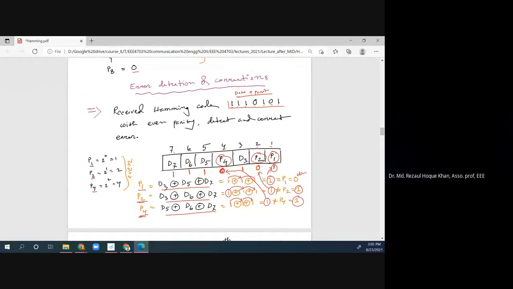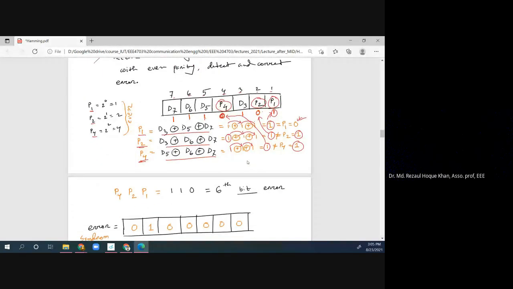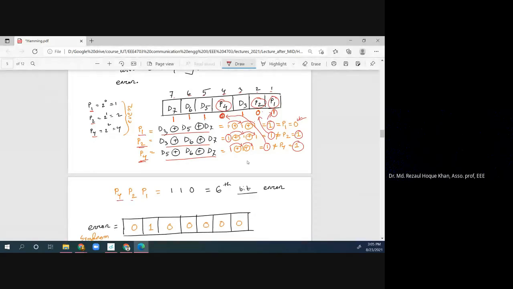So we find P4, P2 and P1, which is 1 1 0. 1 1 0 is 6 in binary, isn't it, guys? 4 2 6.